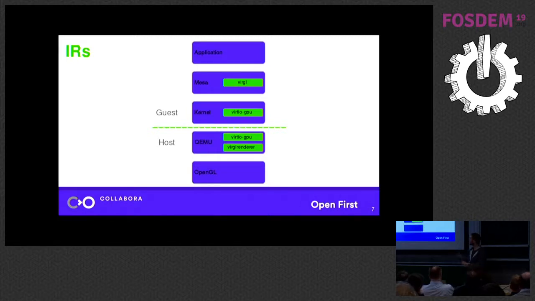And this will be submitted to the host through the virtual GPU. And then Virglrenderer will get that TGSI and convert it back to GLSL, which is the correct language for your host OpenGL driver.